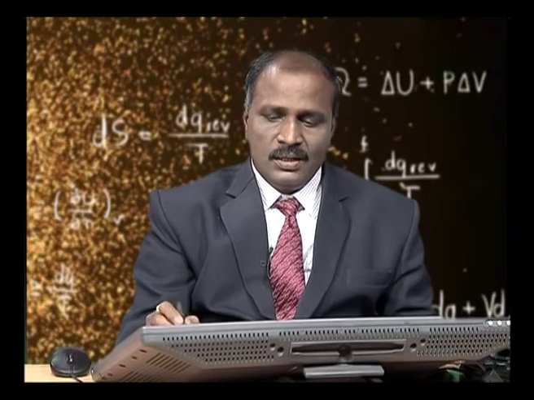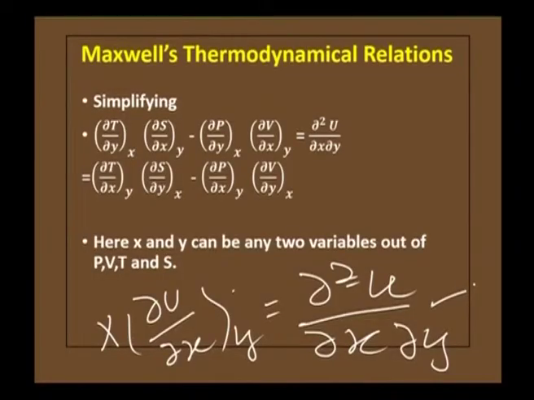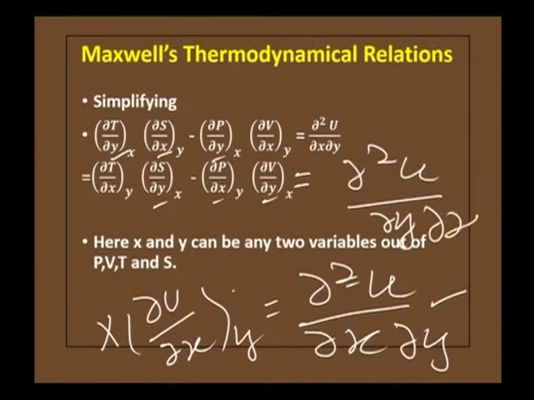So, therefore, the same differentiation can be extended to the x variable also. Therefore, replacing y by x, we have ∂T/∂x into ∂S/∂y minus ∂P/∂x ∂V/∂y is equal to ∂²U divided by ∂y∂x. So, here x and y can be any two variables out of pressure, volume, temperature and entropy.